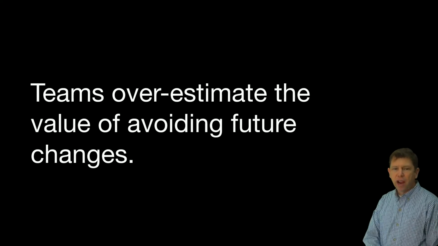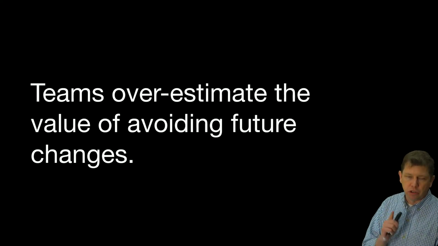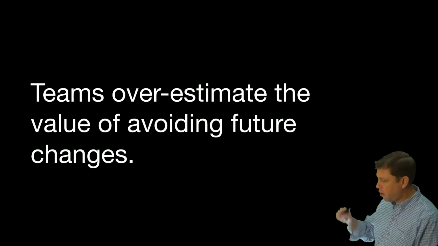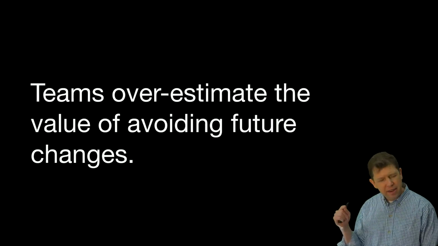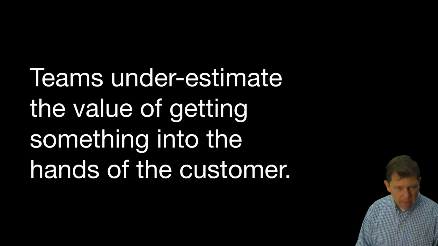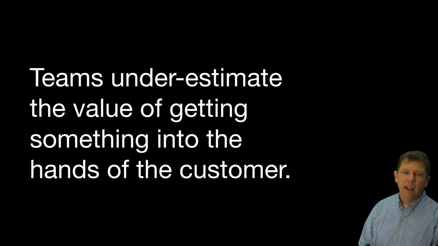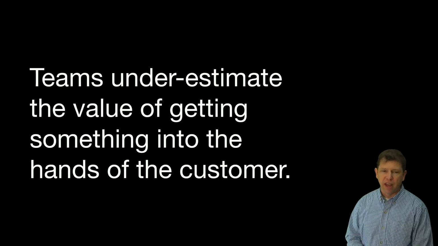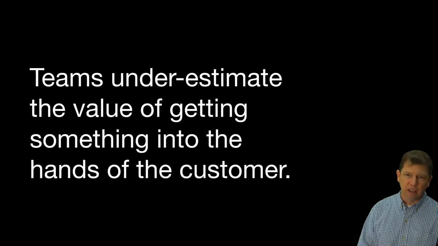Okay, teams overestimate the value of avoiding future changes. So we want to do this now so we don't have to make changes later. And yes, intellectually, I understand why that's the case, but if people are thinking like that, they're probably dramatically underestimating the value of getting something into the hands of the customer.